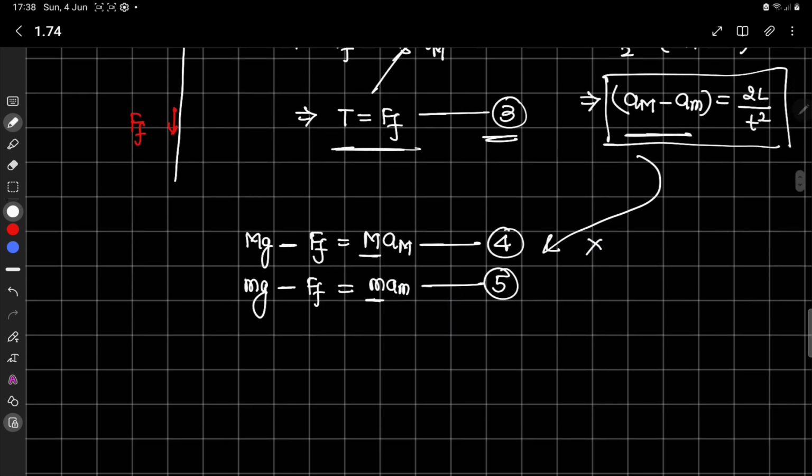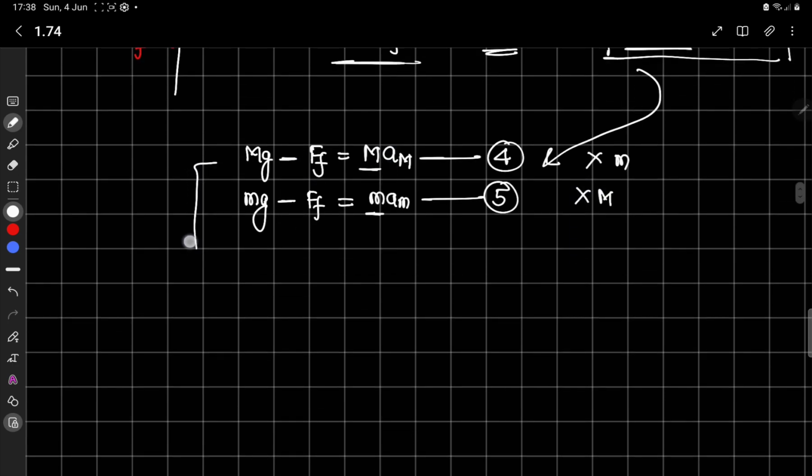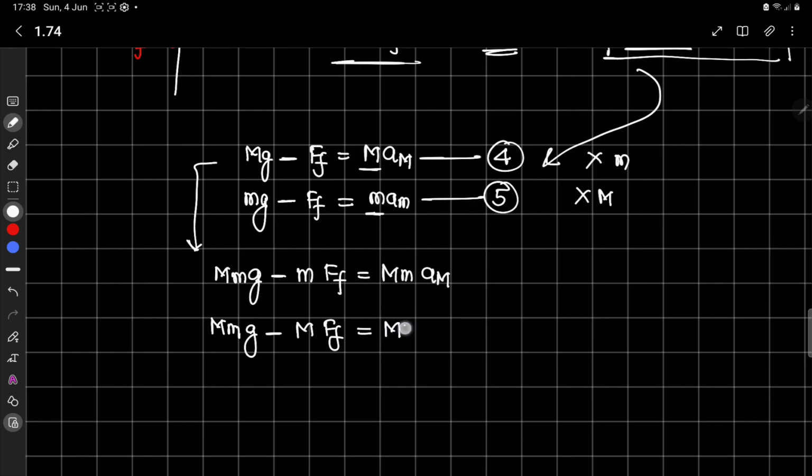So let us multiply the fourth equation by small m and the fifth equation by capital M. From here we get capital M small m into g minus small m into capital F is equal to capital M small m into A_M, and from the second equation we get capital M small mg minus capital M into F is equal to capital M small m a_m.